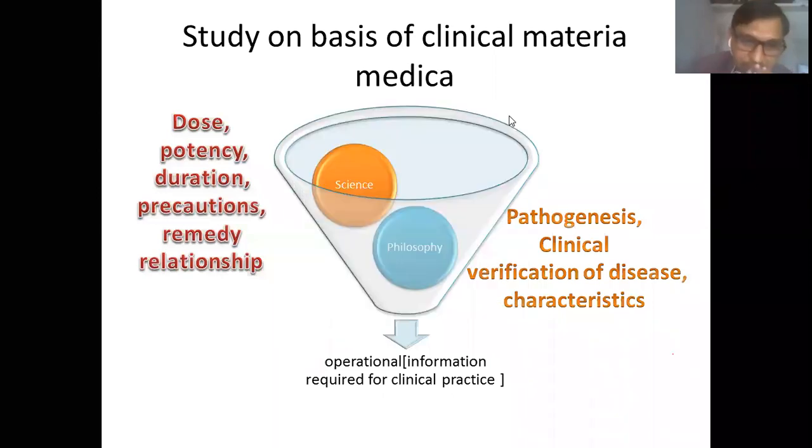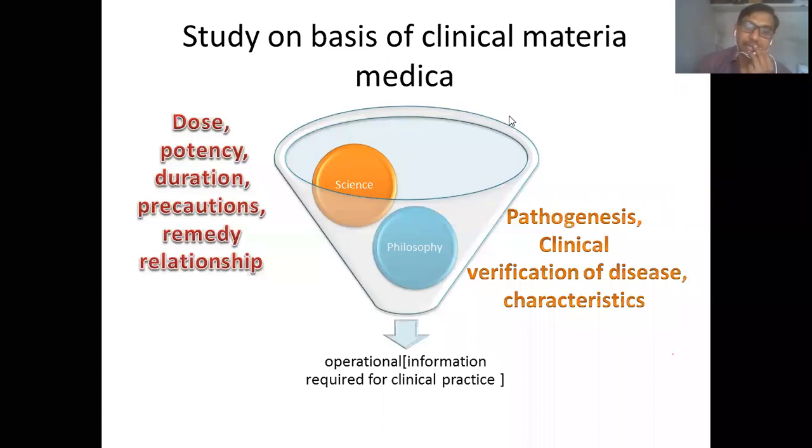Whenever there is a fever, there are three stages. First, there is a stage of chill, then the stage of heat, and then there is sweat. And this clinical materia medica gives information like that. Under Kali carb, it says that Kali carb should not be given during the stage of heat. So such precautions are also there.